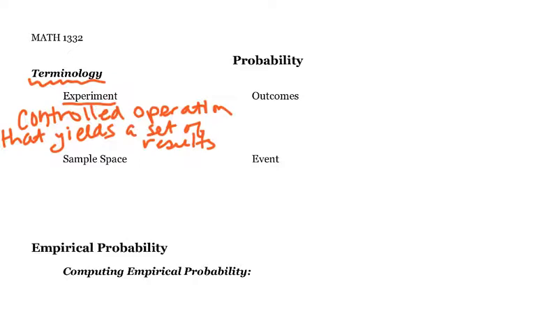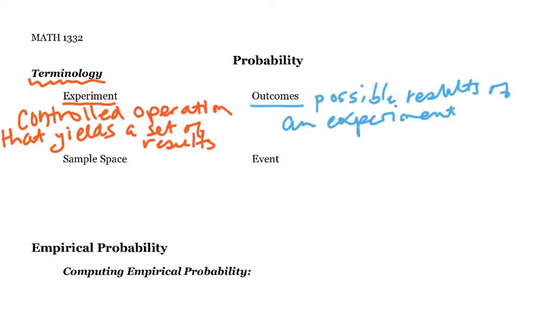A very common example would be flipping a coin and getting heads or tails, or rolling a die and getting numbers 1 through 6, or picking a card from a deck and what are the odds of picking a specific value, a specific suit, etc. So in probability experiments, we're going to see a lot of situations that are like that. The outcomes are our possible results that come from the experiment.